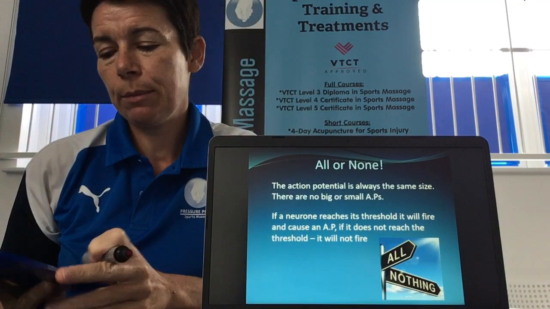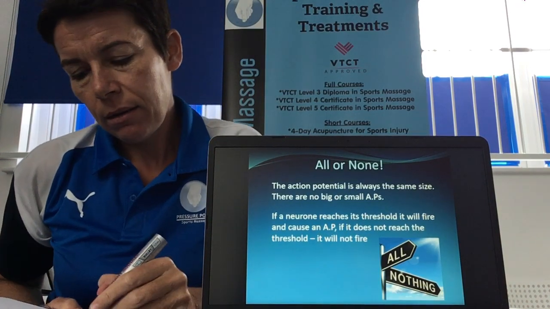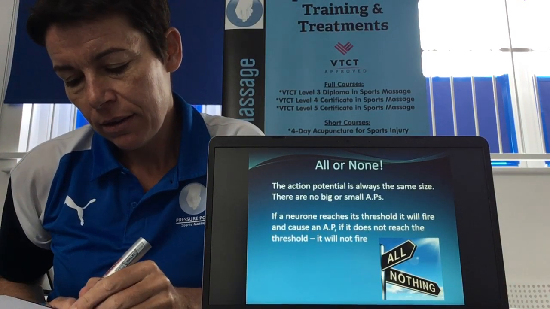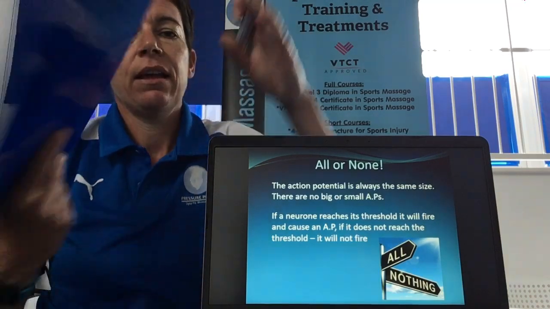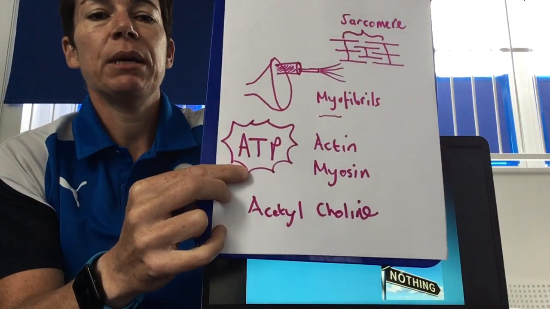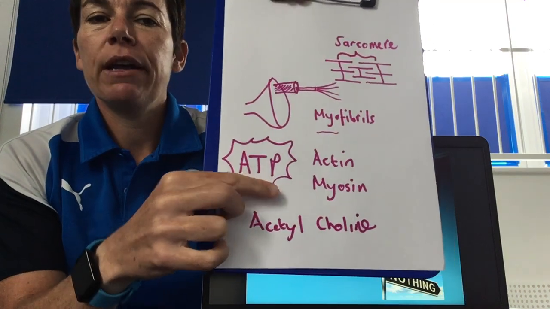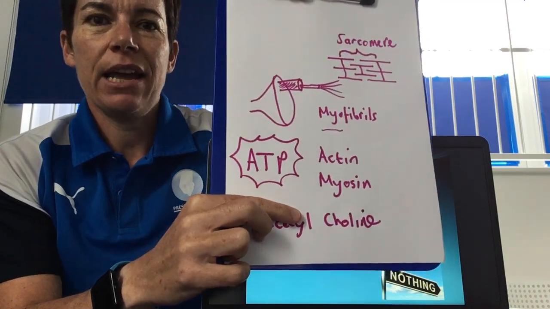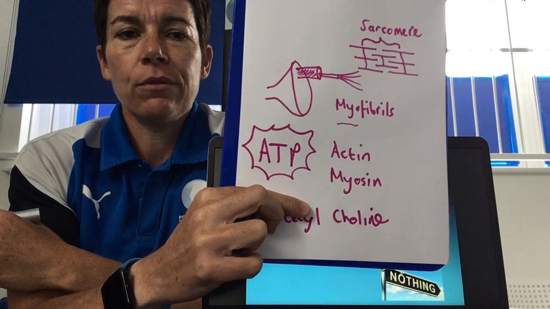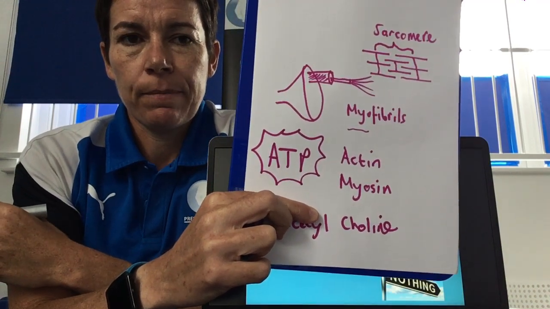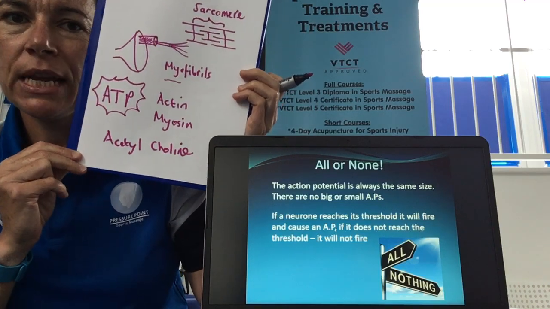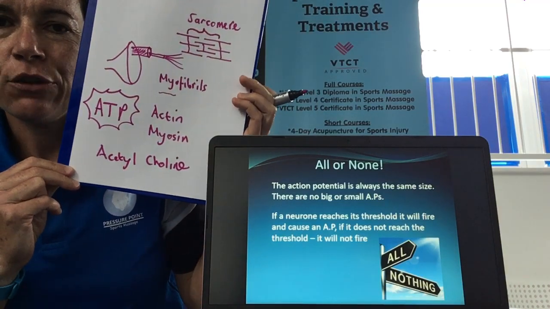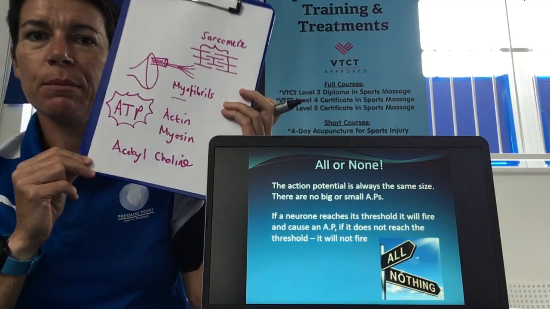So it's a neurotransmitter. And another important thing is this ATP, adenosine triphosphate. Okay, and that's the energy needed for muscle contractions. Okay, so they're all the important words that you need in your exam for sliding filament theory.